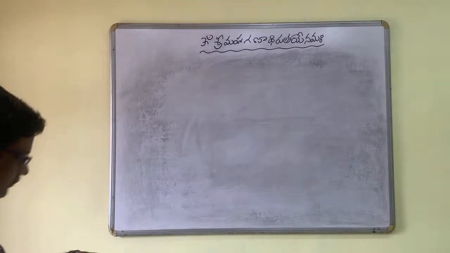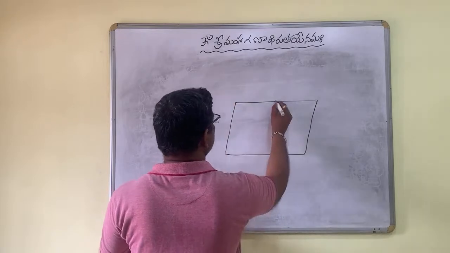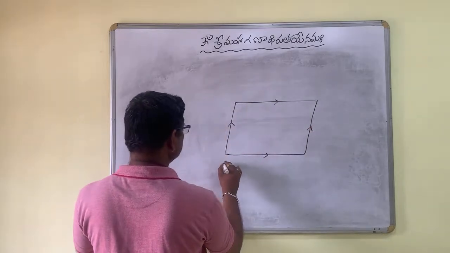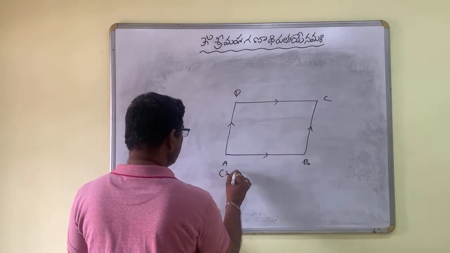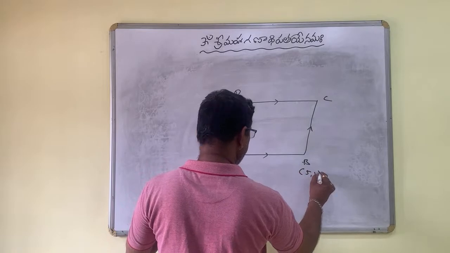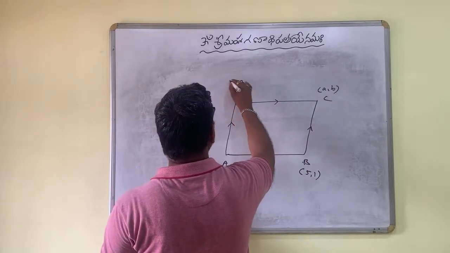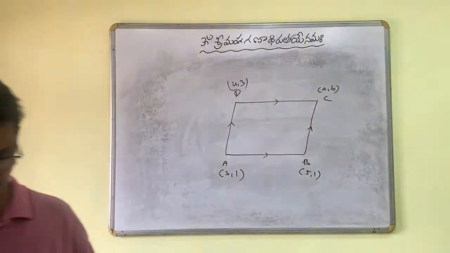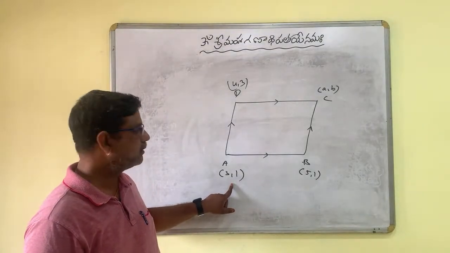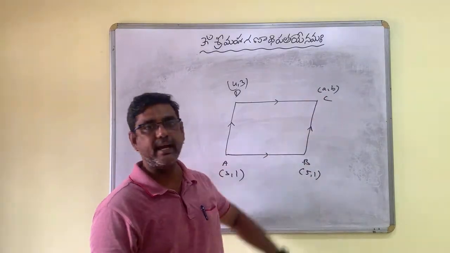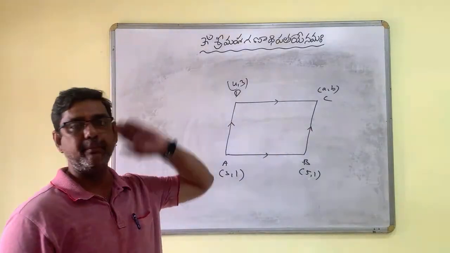ABCD is a parallelogram. A 3, 1, B 5, 1, C A, B, D 4, 3 are the vertices of parallelogram ABCD.